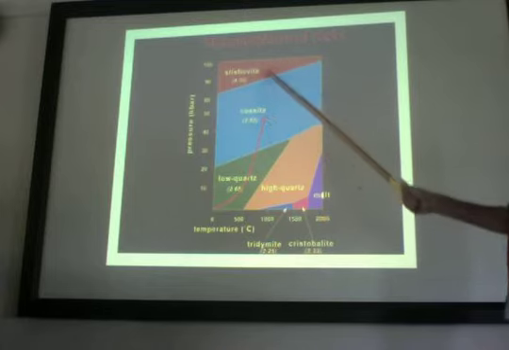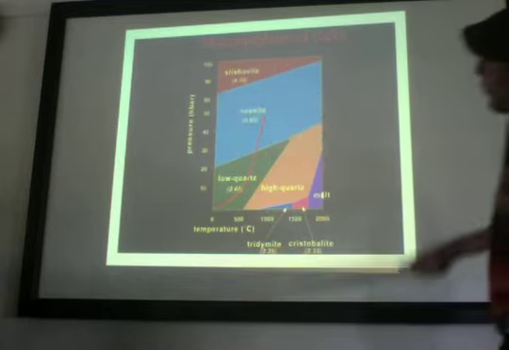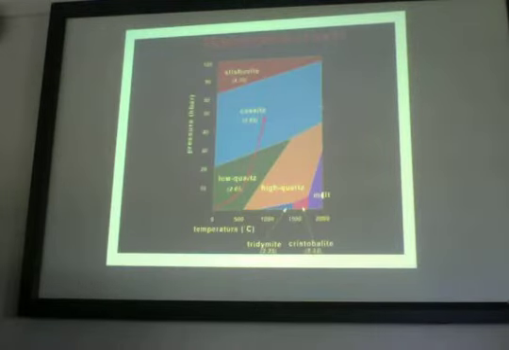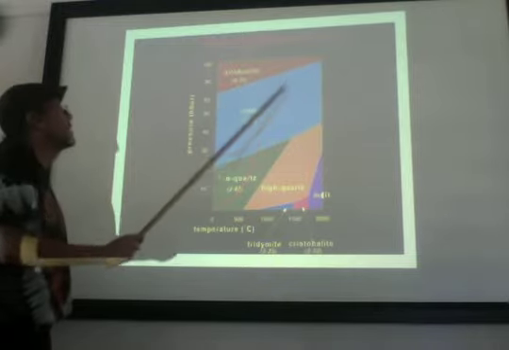If we have a pressure of more than 80 kilobars, which means a depth of a little bit more than 240 kilometers, we can produce stishovite from our originally low quartz. Stishovite is a very high pressure modification of quartz.